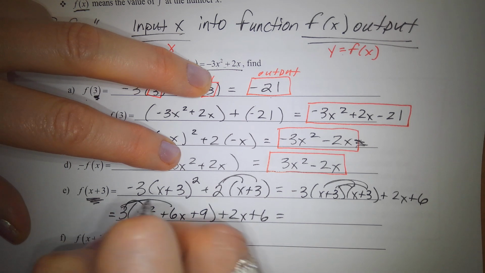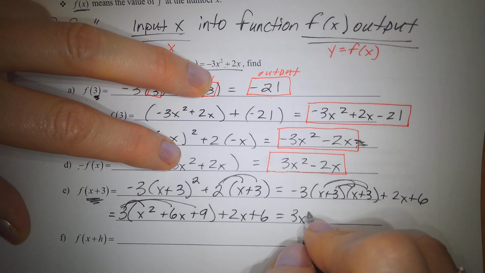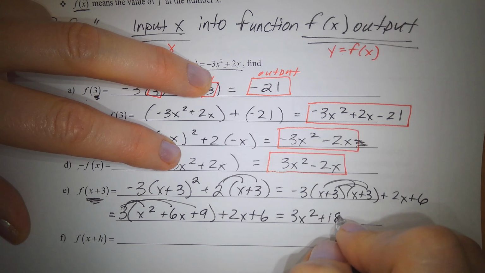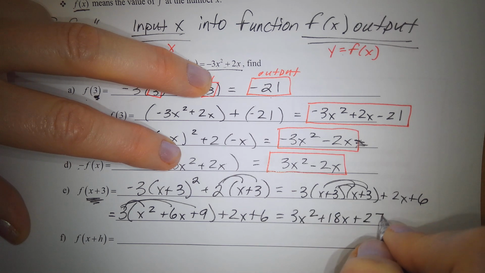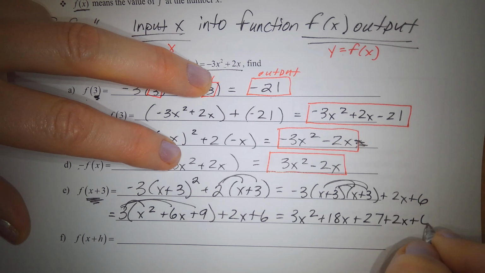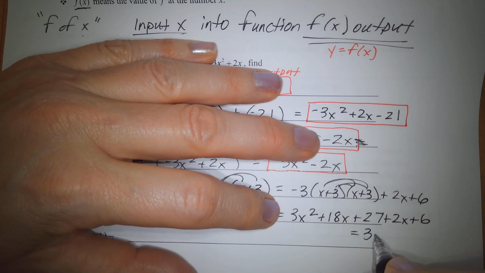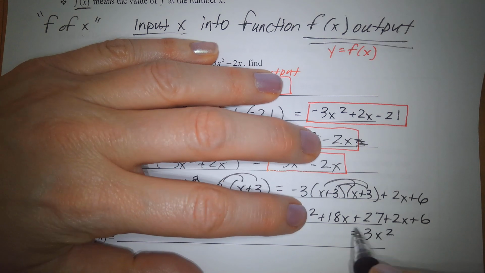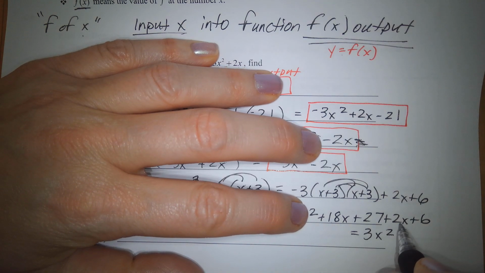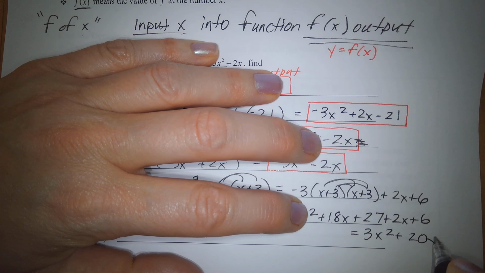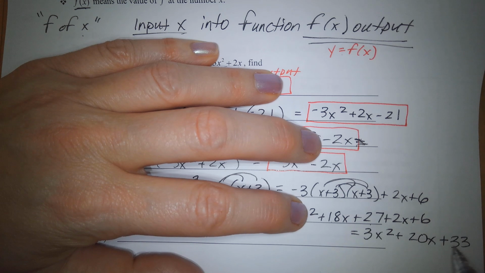Distribute the 3, so 3x squared plus 18x plus 27 plus 2x plus 6, and then we combine like terms, so that gives me 3x squared, 18x, and 2x is 20x, and 27 and 6 is 33.